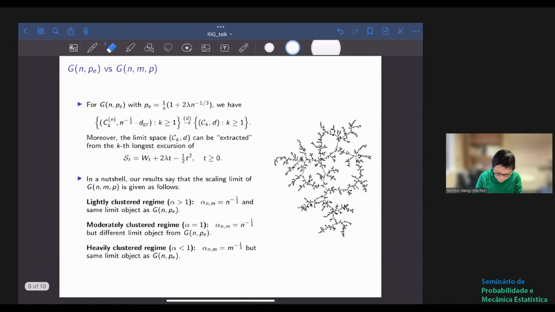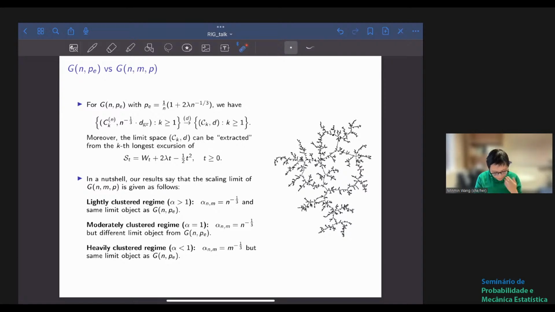All right, and this is a simulation of a large connected component of the Erdős–Rényi graph inside the critical window. Just to give you an overview of the result: in a nutshell, we're going to see that the scaling limit of the random intersection graph depends on which cluster regime you're in.